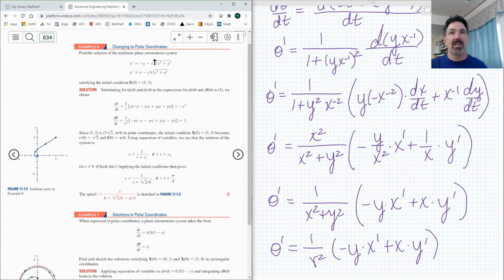Moving on to the next page, we just have an example where what the text does is simply take those equations, equation number 2, and substitute in the information that we have here for a specific problem. And sometimes this works and sometimes it doesn't. Of course, in the example, it works very nicely. We end up with r prime equals negative r squared and theta prime equals 1.